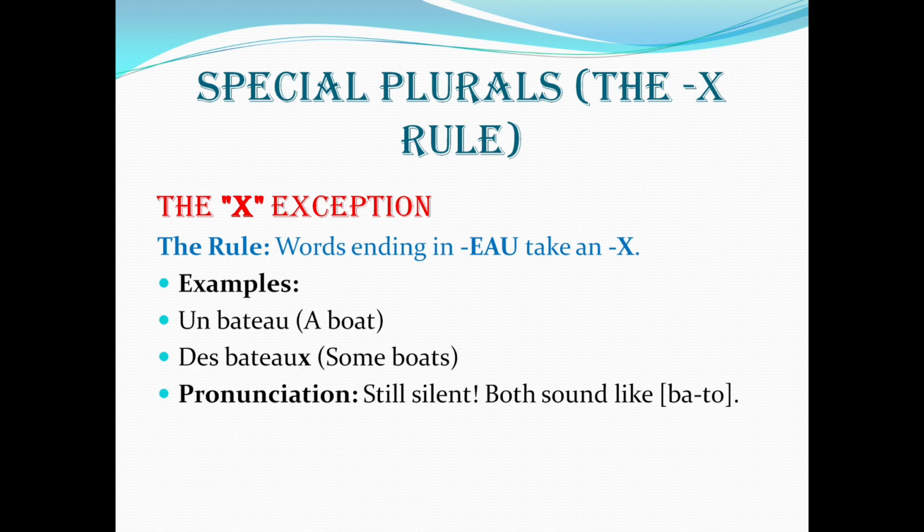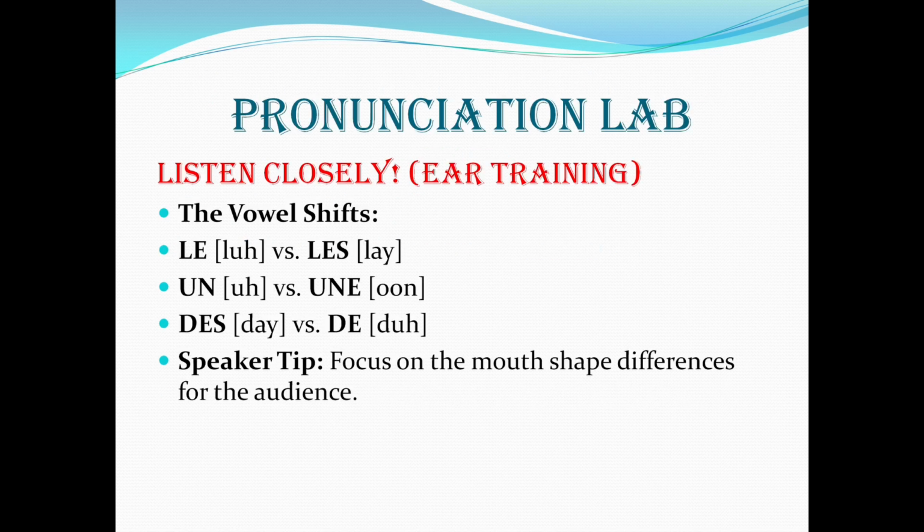Okay, so next is the pronunciation lab. This is the most important part of the video. If you can't hear the difference between these words, you won't understand native speakers. Let's do an ear training lab. Close your eyes, listen to the vowel sounds. Le versus les. Le is like look, les is like play.